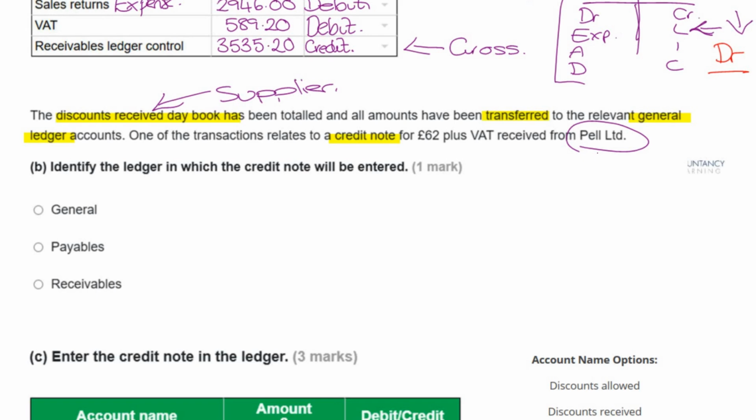We would be posting this in the general ledger in the discounts received account, in the VAT account and in the payables ledger control account to reduce the amount that we owe. But we also need to put it into our subsidiary ledger, the payables ledger. This is where Pell Limited's account will sit, and we'll be able to identify how much we owe that company. So this is really important to look at the wording of this question.